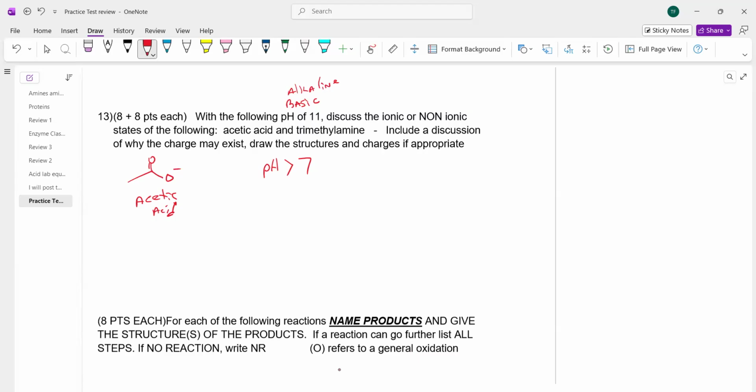And then we have trimethylamine. It's going to look like this.